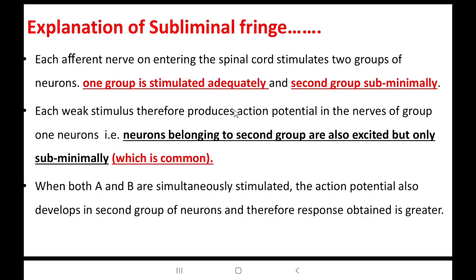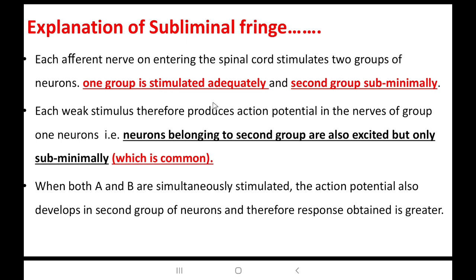Explanation of subliminal fringe. Each afferent nerve on entering the spinal cord stimulates two groups of neurons. One group is stimulated adequately, but some of the neurons are stimulated subminimally, which does not give a response.